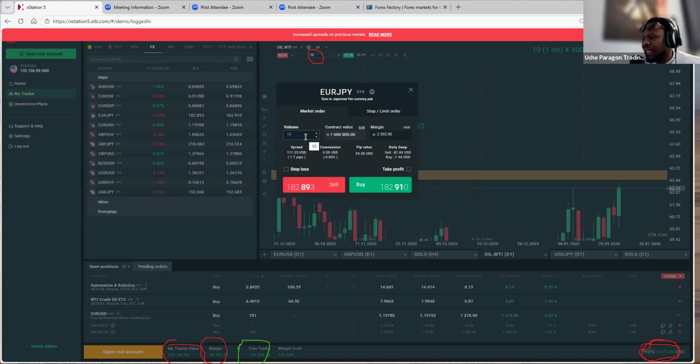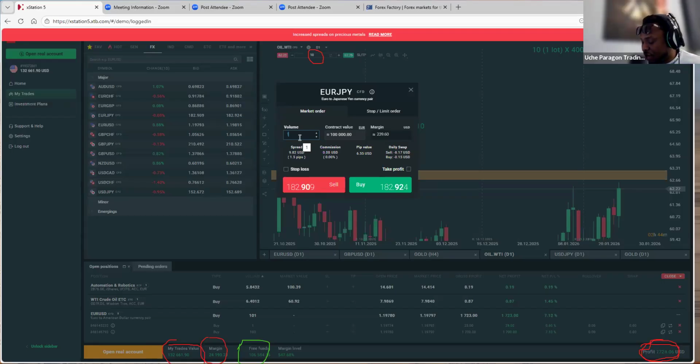But assuming I'm placing a trade with $1,000, what I will need is $1,239 margin. That's more than 20% of my balance, so I may think this is risky for me. I'm not going to use it because I'd be using more than 20% of my capital to trade.